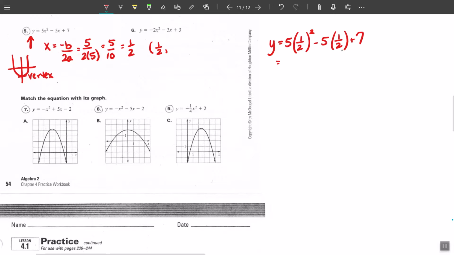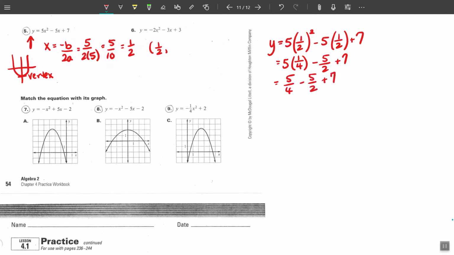There's an x squared and an x, so we've got to make sure we plug it in at both places. We have 5 times 1/2, which is squared. If I do that in 2 steps, it would be 5 times 1/4, because 1/2 times 1/2 is 1/4. And then here I'm going to multiply the 5 by the 1/2. And then I'm going to end up with this right here.